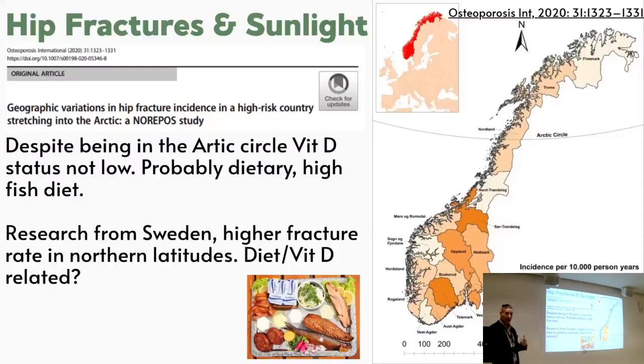Okay? And the traditional Norwegian diet is high in vitamin D. So it doesn't follow that just because they're in the far north they're going to be low in vitamin D despite the lack of sunlight. They're potentially making up for it in the amount of vitamin D they've got in their diet.